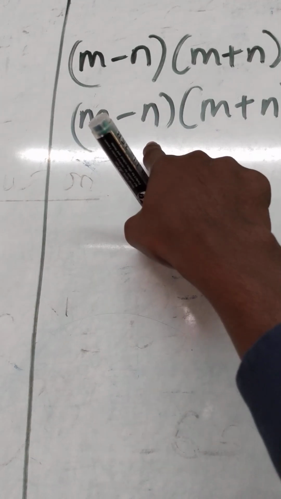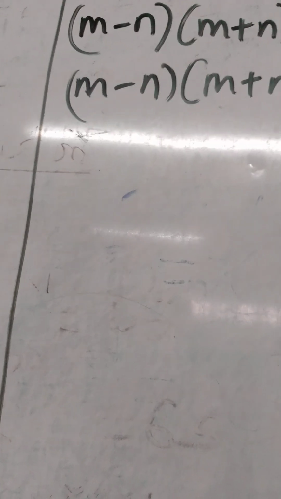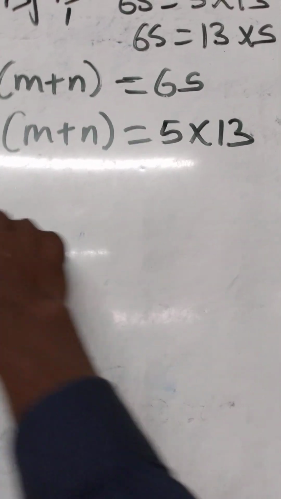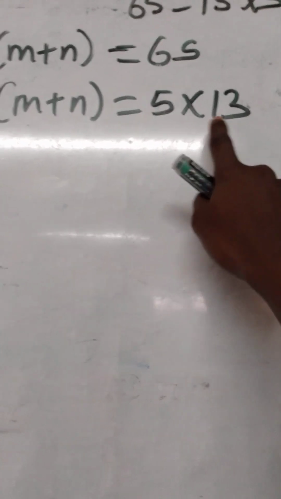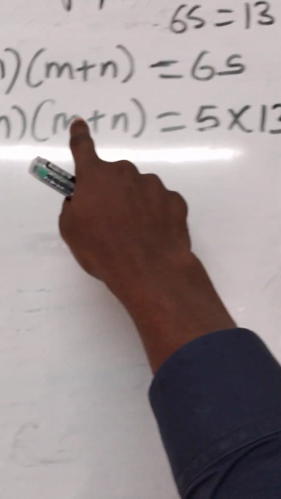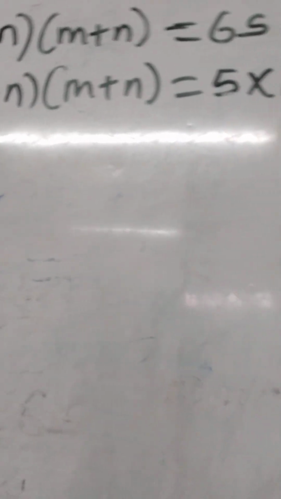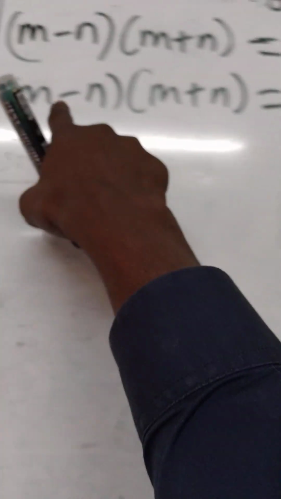So it means that we are going to use 5 times 13, which means that this 5 is for m minus n, while this 13 is for m plus n, because m minus n is lower in value than m plus n.